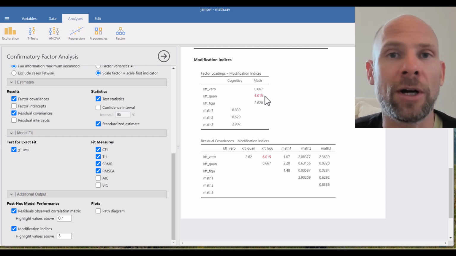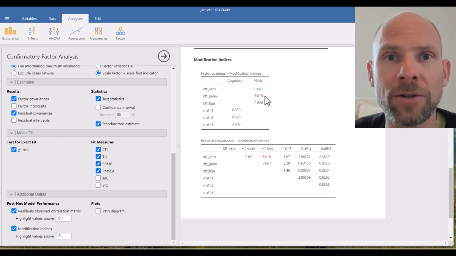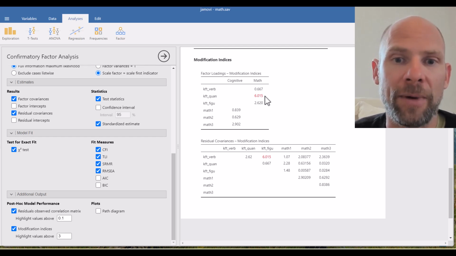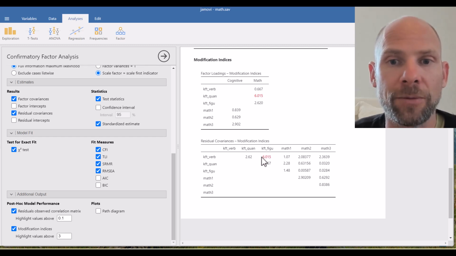I would still not add it here, because overall the model fit is so good that I don't see a need to change the model in any way. Also, there's an indication of a potential residual covariance between the figural and the verbal subscale on the cognitive abilities test.